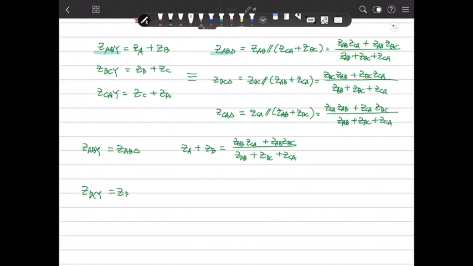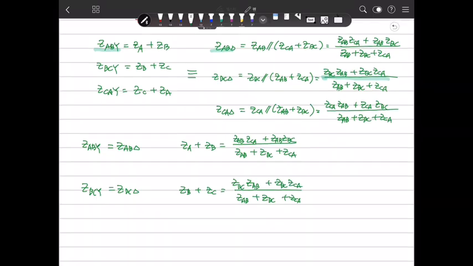In the same manner, GBCY should be the same as GBC delta. GBCY is GB plus GC, which equals GBC GAB plus GBC GCA over GAB plus GBC plus GCA.